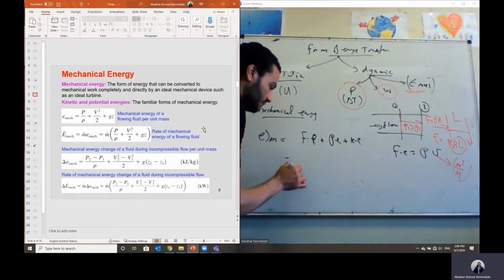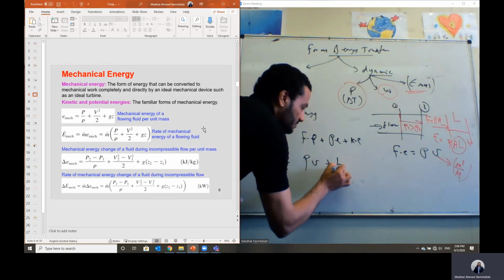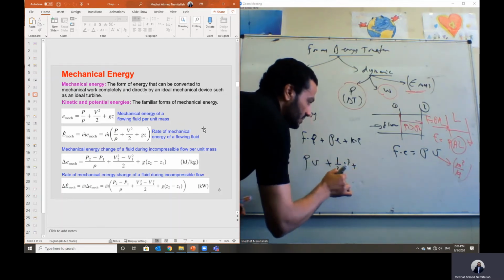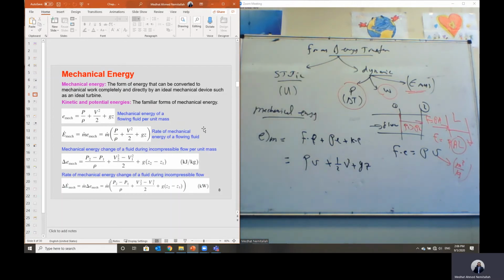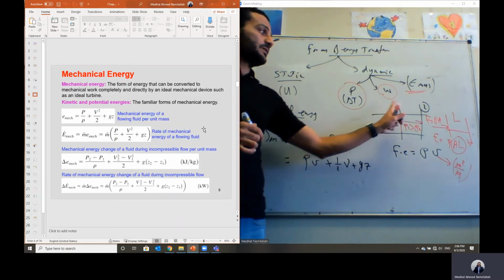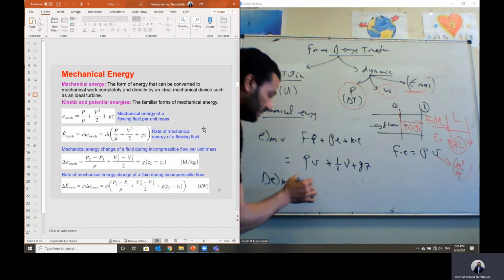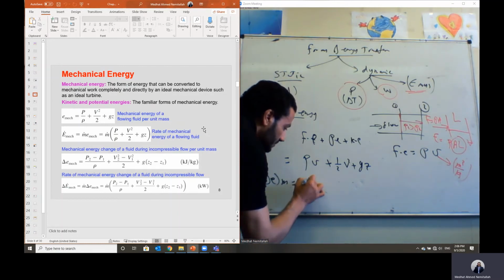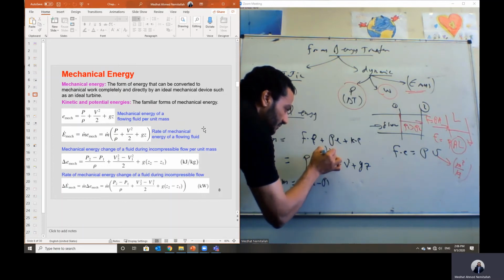So the mechanical energy of the fluid will equal pressure multiplied by specific volume, plus half V squared, which is the kinetic energy, plus the potential energy, which equals gz. If this fluid is moving from one location to another, the change of mechanical energy of the fluid, delta E mechanical, will equal P2 minus P1 times specific volume, which is 1 over density.